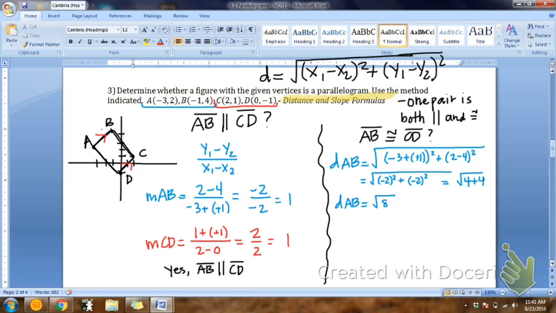Okay, so let's now check the distance of CD. Check your distance CD. You know how to do these.